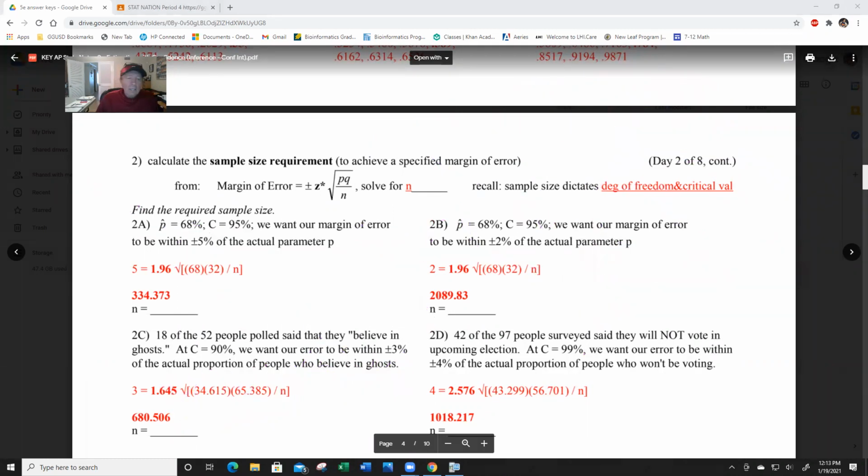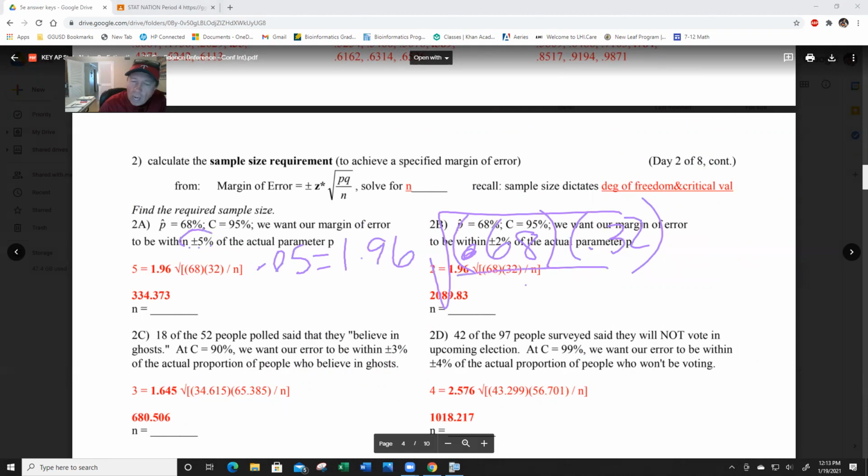Let me draw this out a little bit better for you. 5% right here is 0.05, which equals z star 1.96 times the square root of 0.68 times 0.32 over n, and you have to solve that for 0.05.